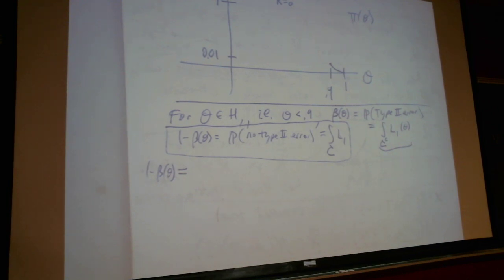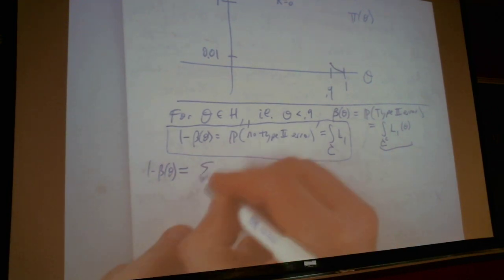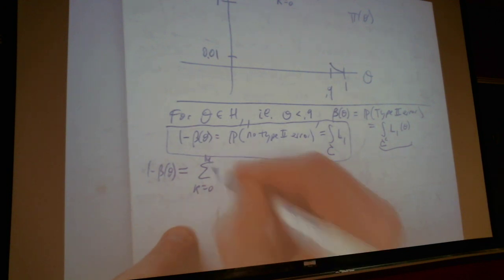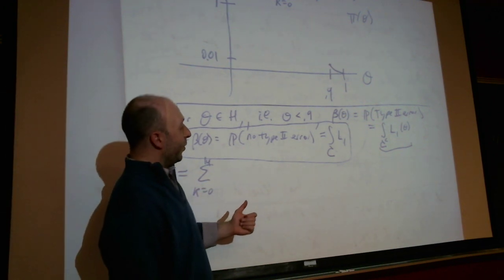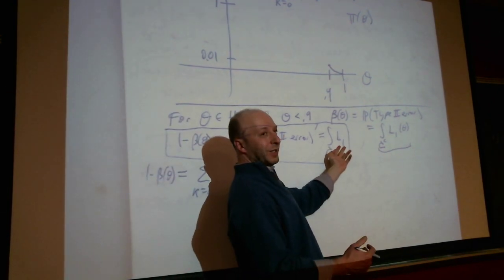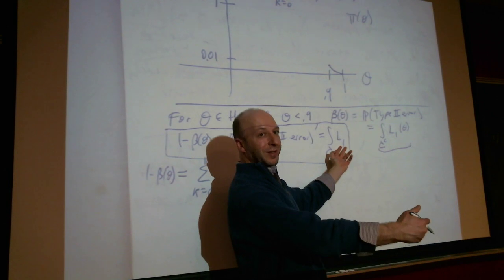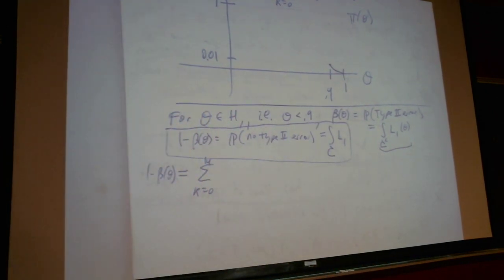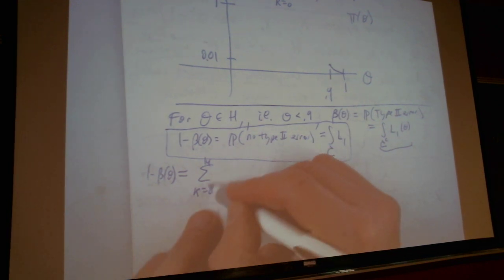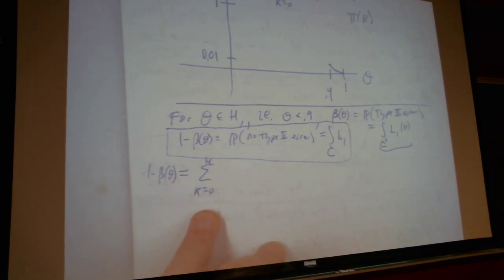K is less than or equal to 14, so that's a sum as k goes from 0 to 14. And what's the likelihood of the alternative hypothesis? Well, the alternative hypothesis hasn't changed what the distribution is, it just changed what the parameter is. And it says the parameter is less than 0.9. So what is the likelihood of seeing k heads with some theta?